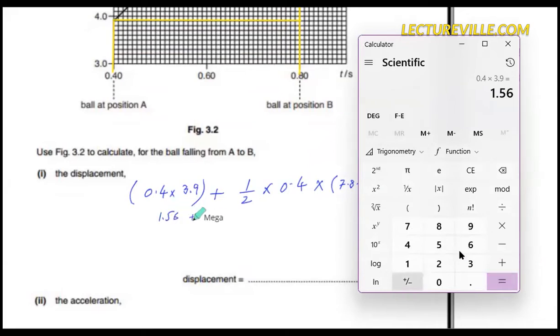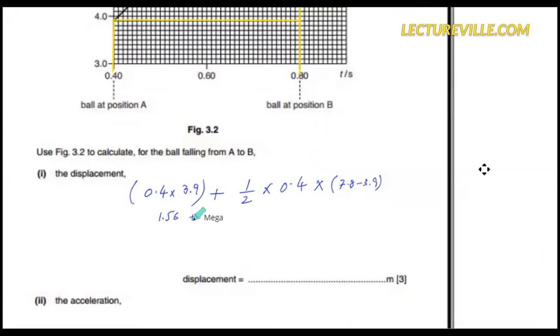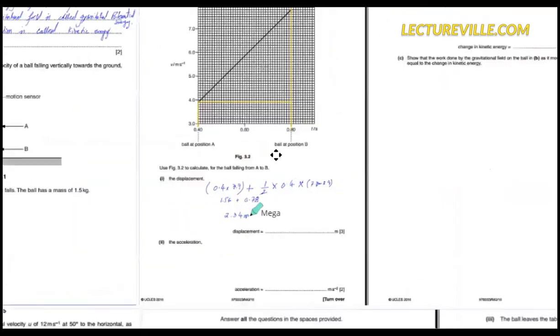The other one is 0.5 multiplied by 0.4 multiplied by 3.9, which is 0.78. So the total will be 2.34 meters.